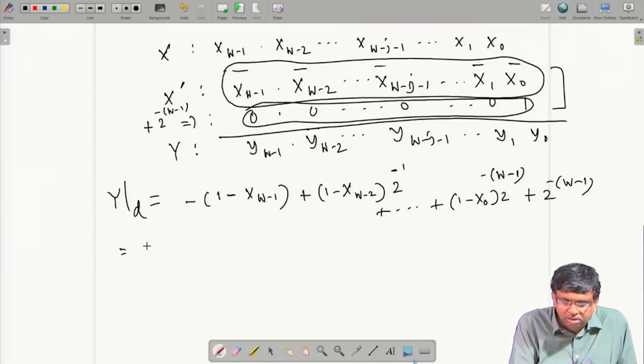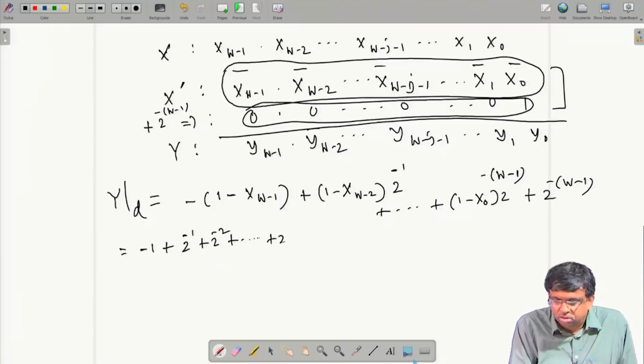So, it will be minus 1 plus 2 inverse and so on up to 2 inverse w minus 1, and then minus x w minus 1. I have taken a minus out. So, this minus is gone out. So, it will be plus now.